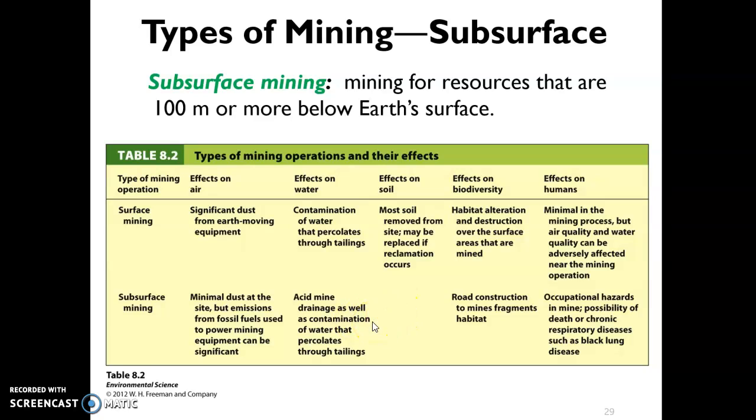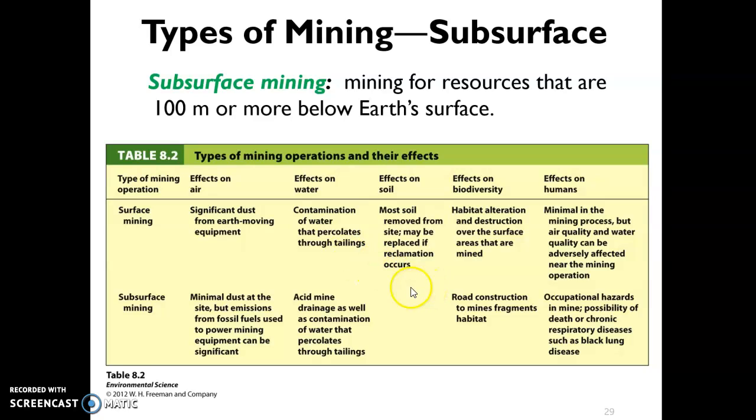The various contaminants then can percolate through, particularly through the tailings, and can contaminate water and make it very acidic. On surface mining, you also have contamination of water that percolates through the tailings, the waste water as well.